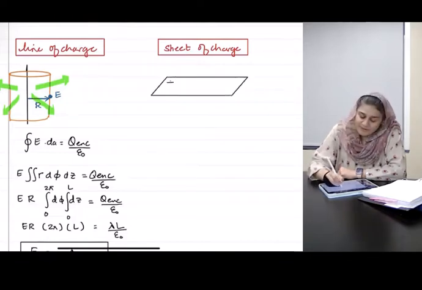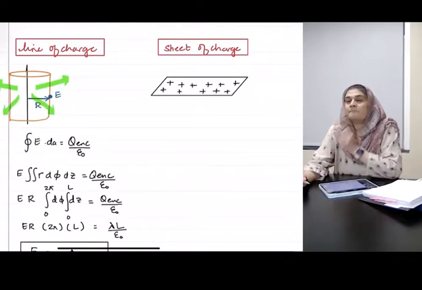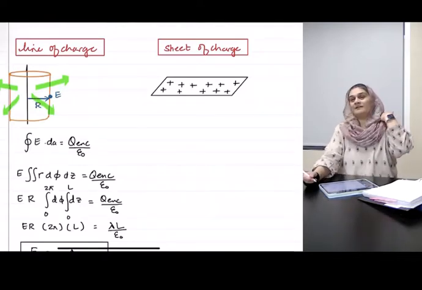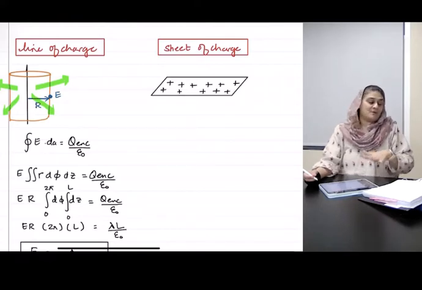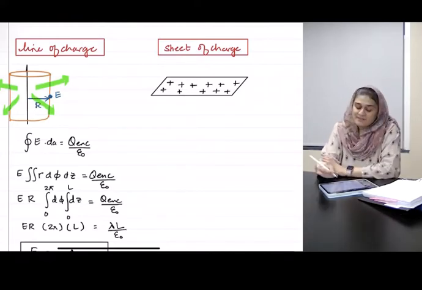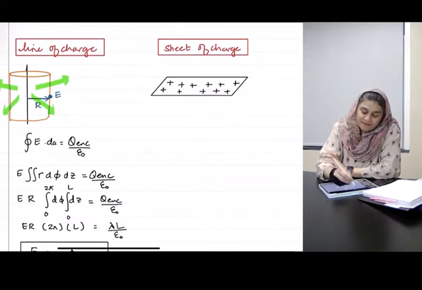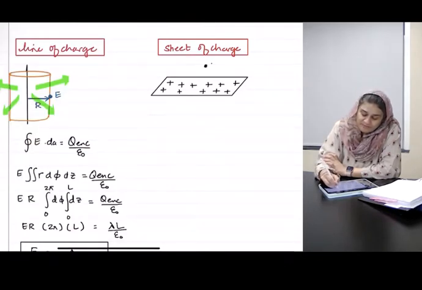Let's suppose I choose it to be a positive charge that's everywhere. Now, what kind of symmetry would make the most sense in this case? And suppose I'm being asked to find the E field at this point.